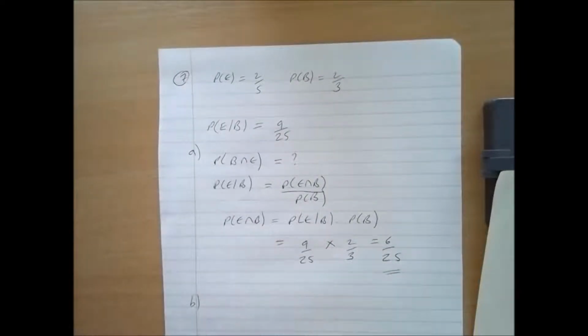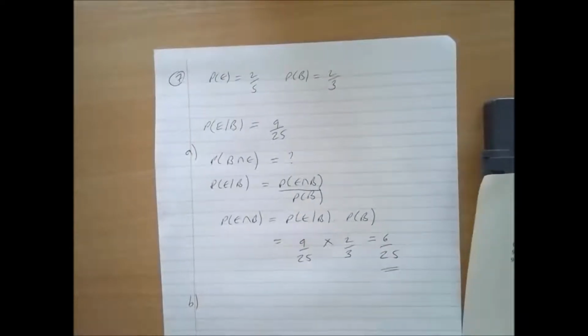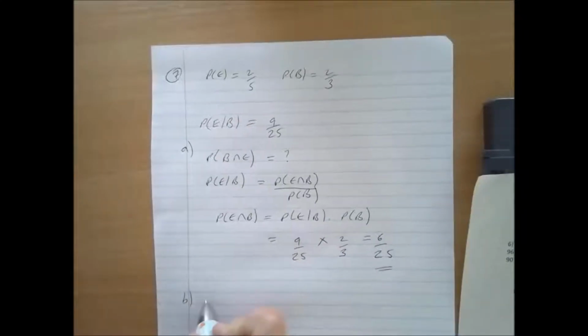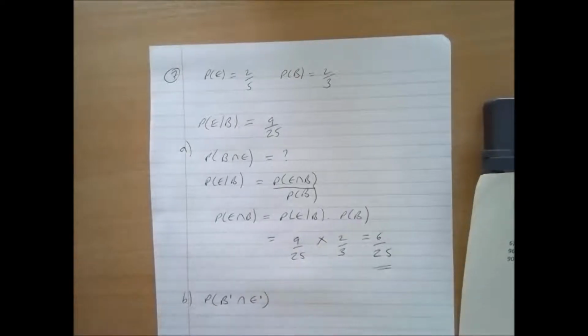Part B, let's have a look at that. Does not always eat breakfast and does not take regular exercise. So basically we've got the not situation. Does not eat breakfast, does not take exercise. Now we did this one previously in this homework, but let's have a look at it again.